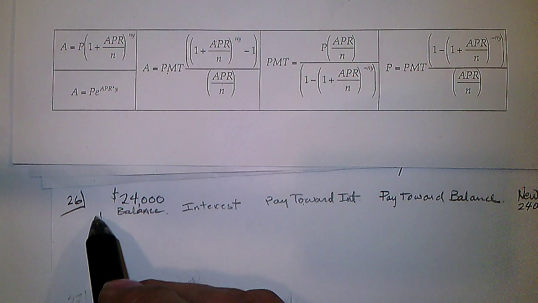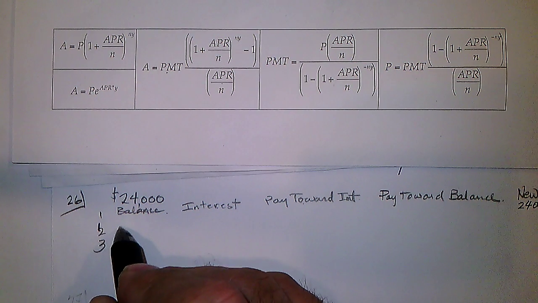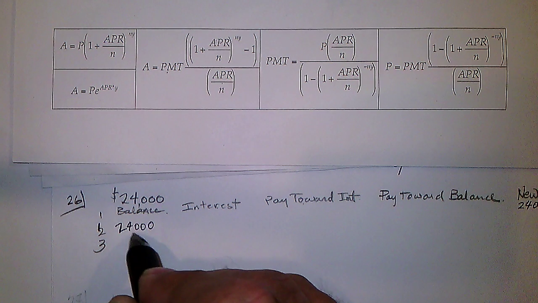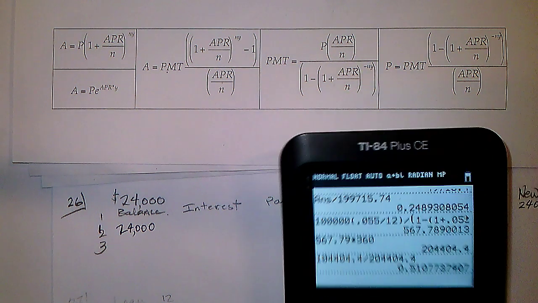So we start with, after 1 month, a $24,000 balance plus the interest, and on 26 the interest was 8%. So this is after 1 month.